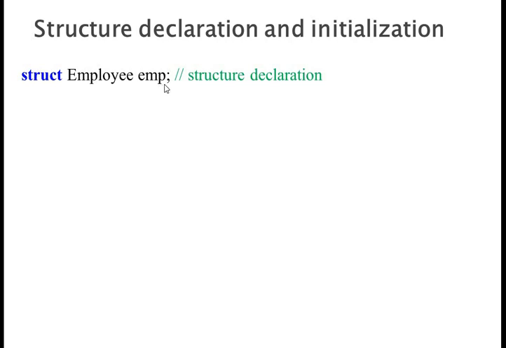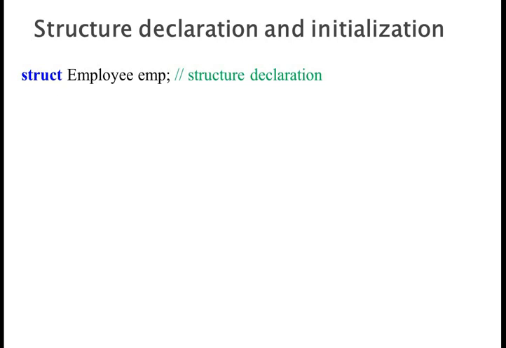This struct employee EMP is the structure declaration, and EMP is the name of your instance. Okay, and what is the type of your structure? That is employee. Also you need to specify that you are declaring a structure, that's why you need to put the struct keyword over here.